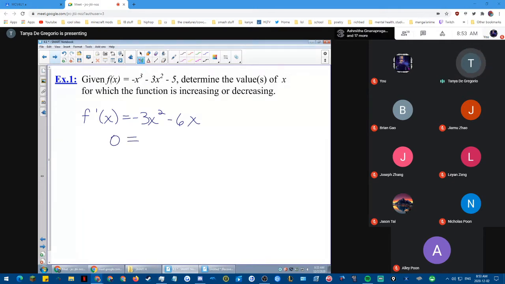So how do we solve here? We factor. So I can take out a negative 3x, and I'm left with negative 3x times x plus 2. This is telling me now that I have two potential critical points. We don't know if they're critical points yet, but we have two potential critical points, or two potential maxes or mins.